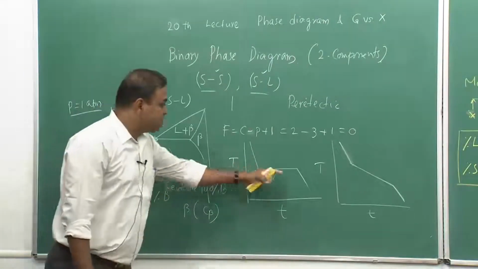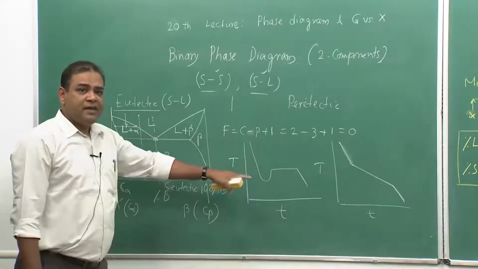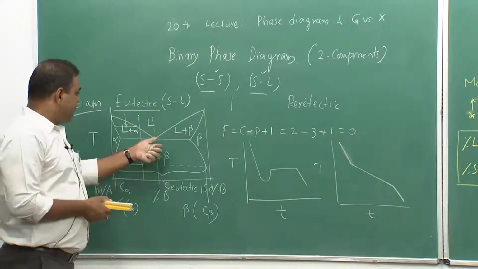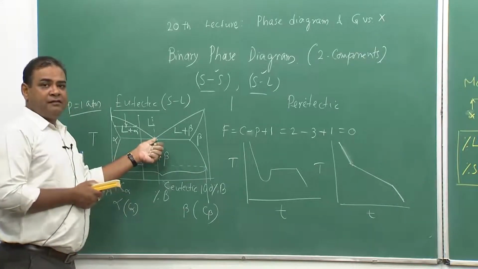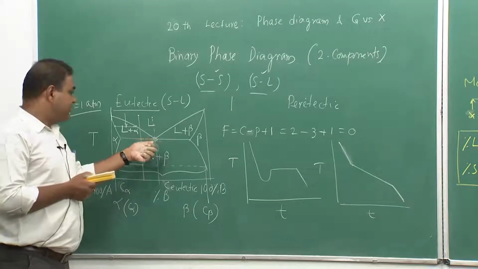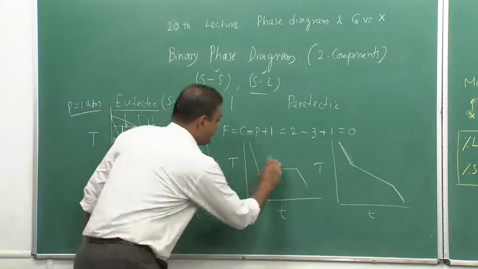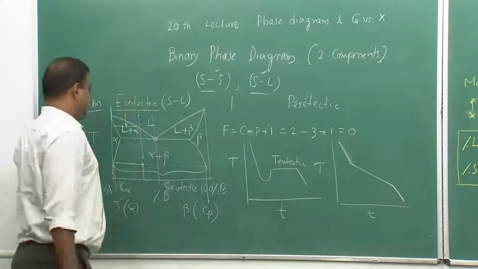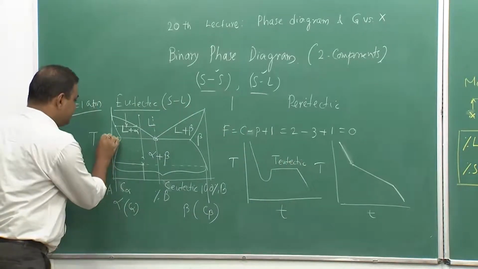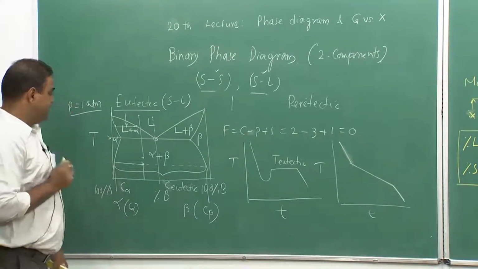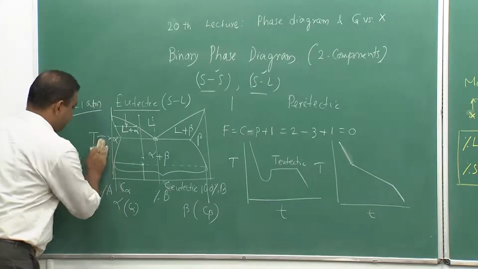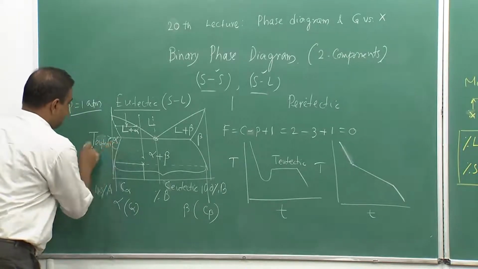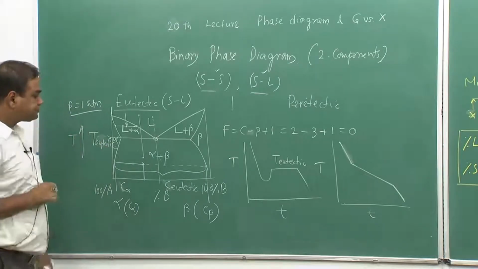So, now you can see this is indicating a sort of pure metal solidifying, okay. So, that happens at eutectic composition and that too at eutectic temperature. This is T eutectic. Now, this particular temperature is T eutectic, and this is the T axis.